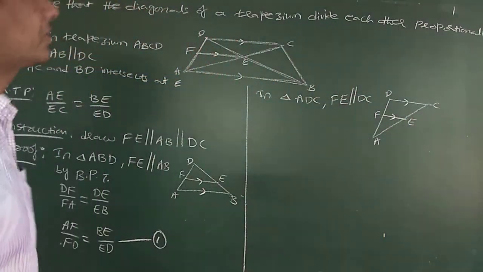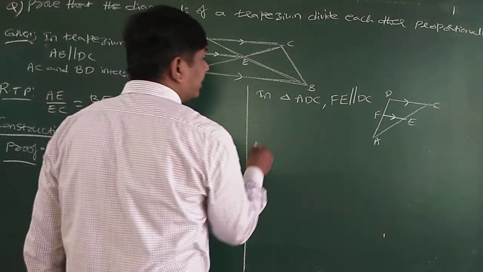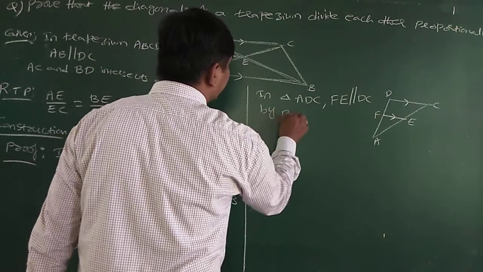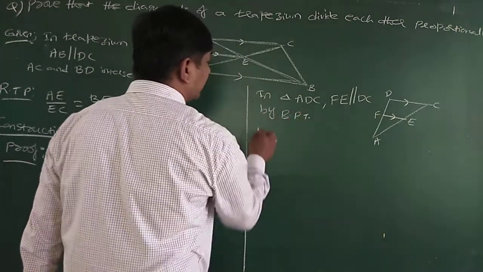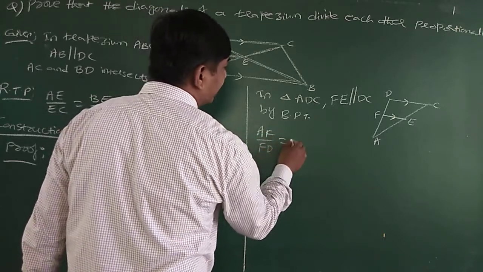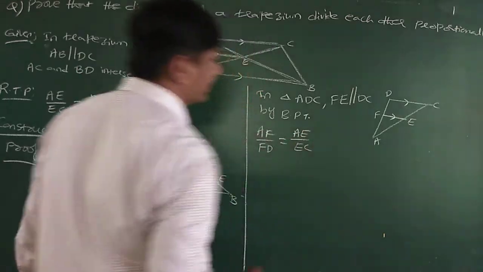Again, by the basic proportionality theorem, AF by FD is equal to AE by EC.